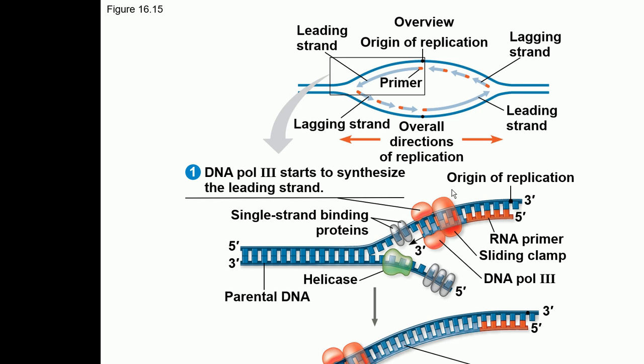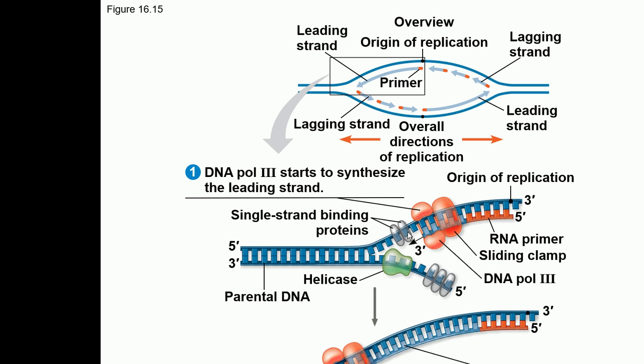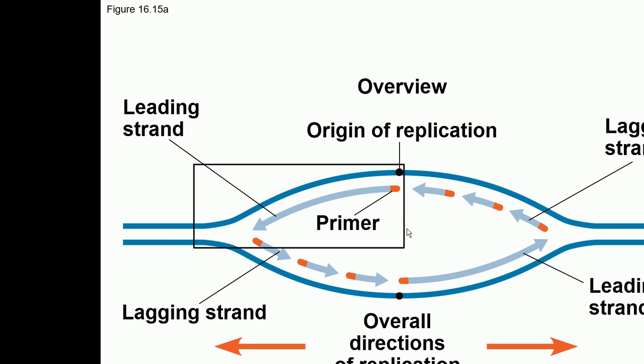First of all, there's the formation of an RNA primer, which is made by primase. Then the DNA polymerase is going to come and make the new strand. And helicase is there, single strand binding proteins are there, topoisomerase is there. So all these enzymes make the DNA replication machinery.